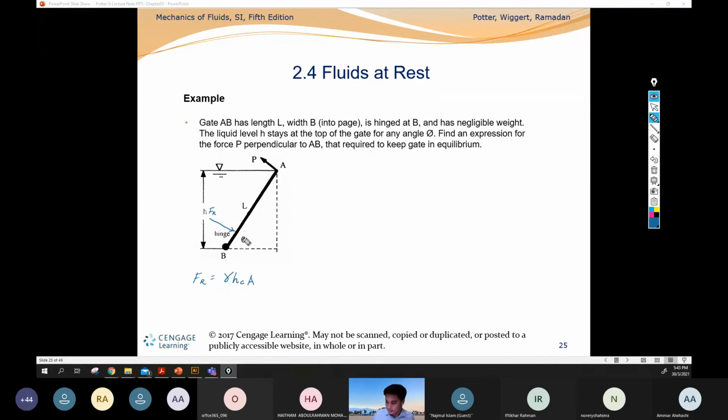For this case, where is the h_c, everyone? From the reference to the center of the gate. This is the centroid. First, you need to label the centroid.